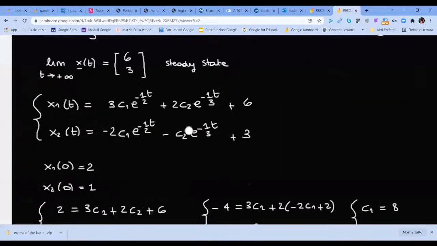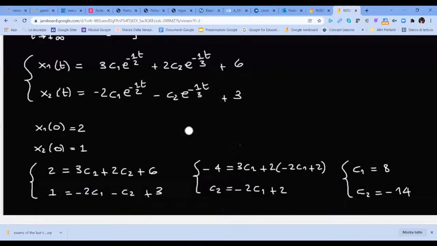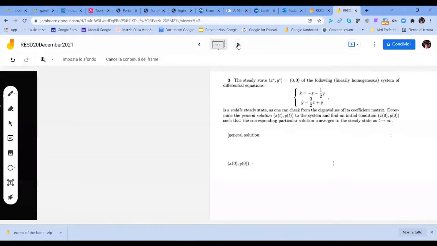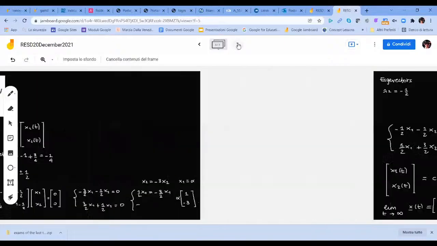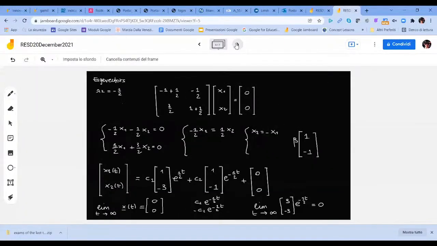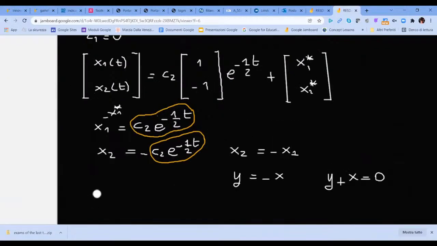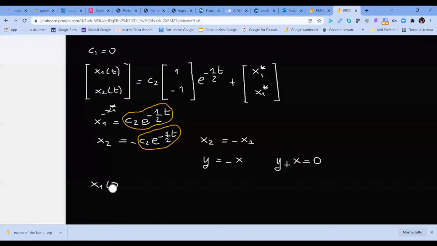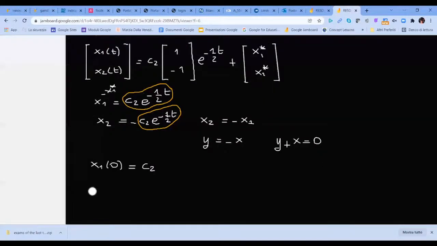That means, what are x1 of 0 and x2 of 0 in the case of our computation? x1 of 0 is equal to C2 times 1, and x2 of 0 is equal to minus C2, because it is times 1.